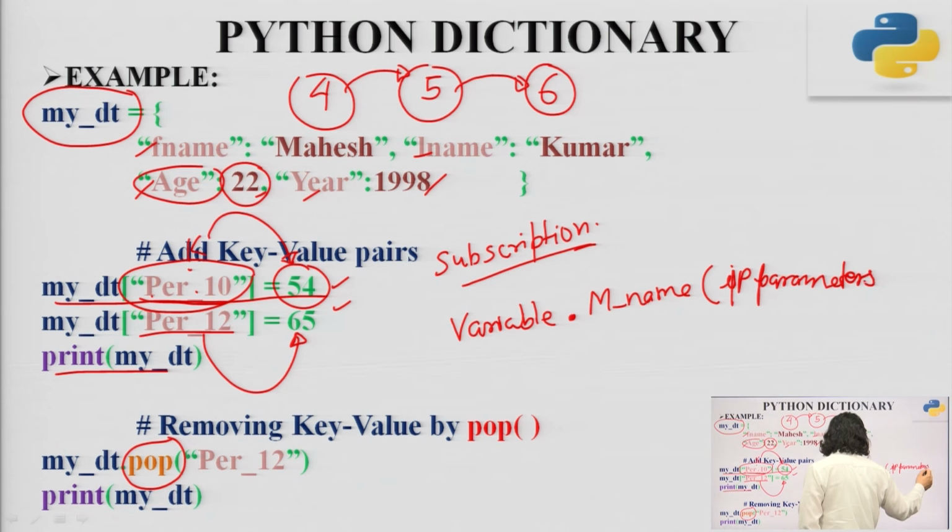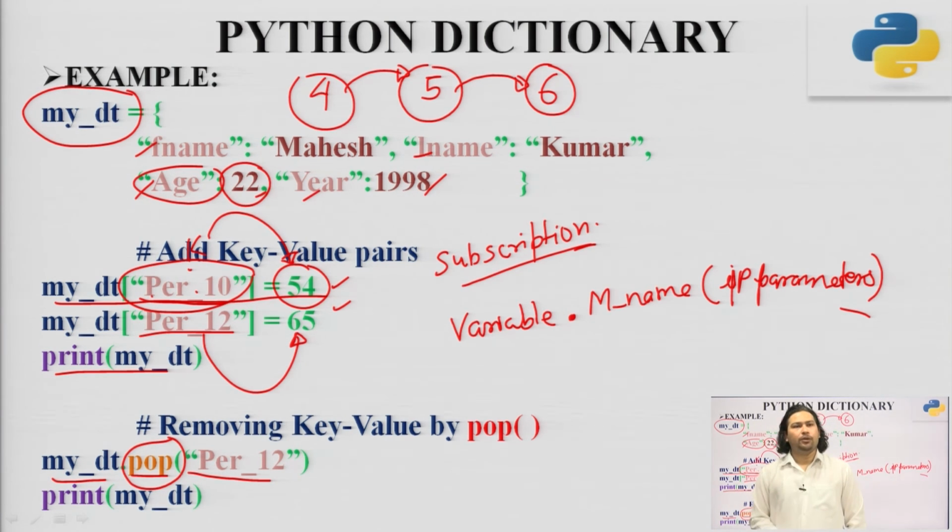So, here it is very similar to this one: the variable followed by the method's name pop followed by the input. Now, here the input is again the key element.